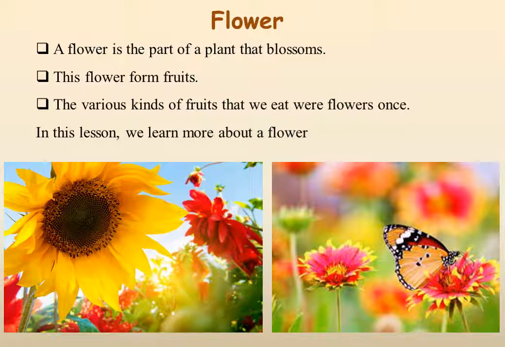Then this flower forms fruits. In different plants, it will be in different forms. In most plants, the flowers will turn into a fruit. There are various kinds of fruits that we eat, which were flowers once.